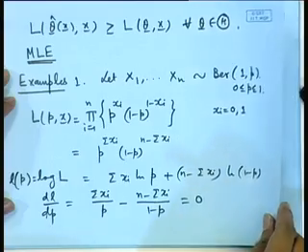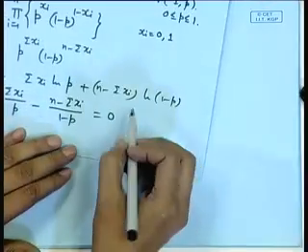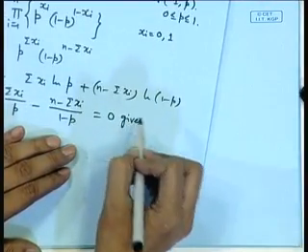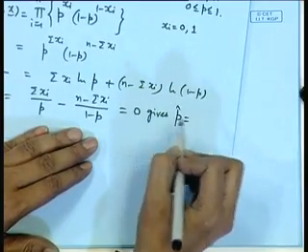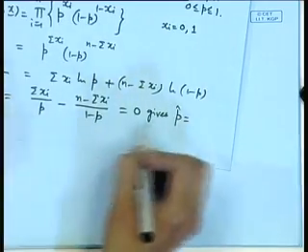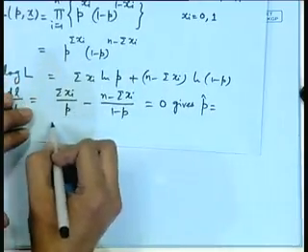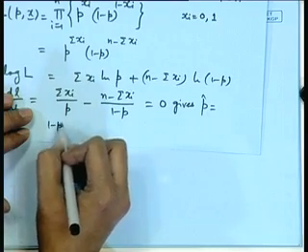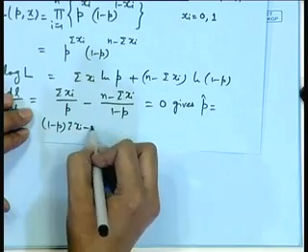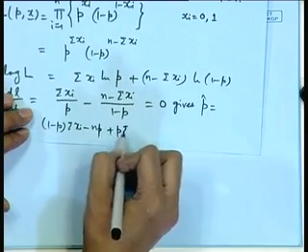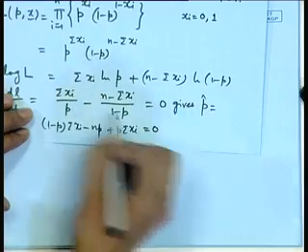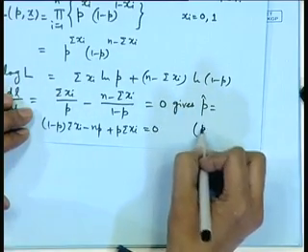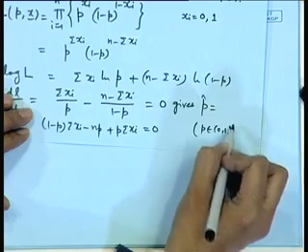Now, after some simplification, let us combine the terms; it will give me (1 minus p) sigma xi minus n p plus p sigma xi, divided by p(1 minus p), where p belongs to the interval 0 to 1.